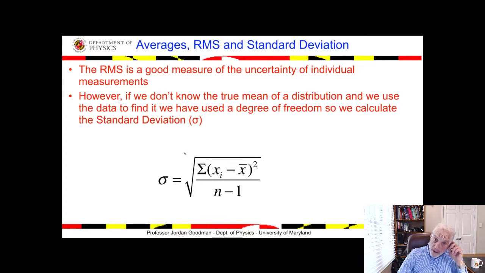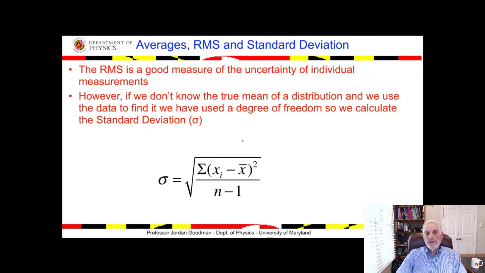Now, the RMS is a good measure of the uncertainty of individual measurements. However, if we don't know the true mean of the distribution, we find out that we actually use a slightly different formula, which we've often called the standard deviation. Now, most of you have heard of the standard deviation.